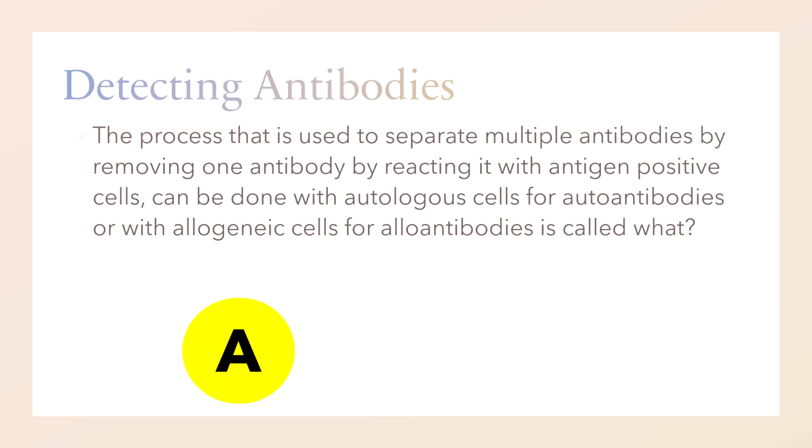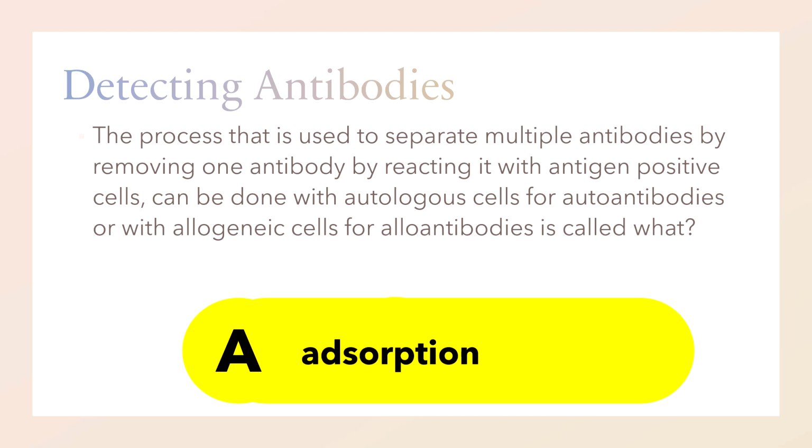The process that is used to separate multiple antibodies by removing one antibody by reacting it with antigen-positive cells, which can be done with autologous cells for autoantibodies and with allogeneic cells for alloantibodies, is called what? Adsorption.